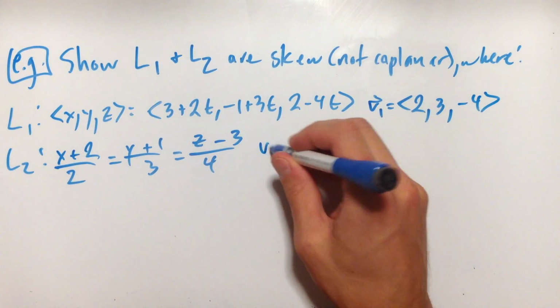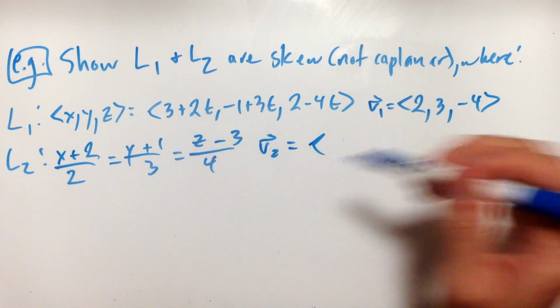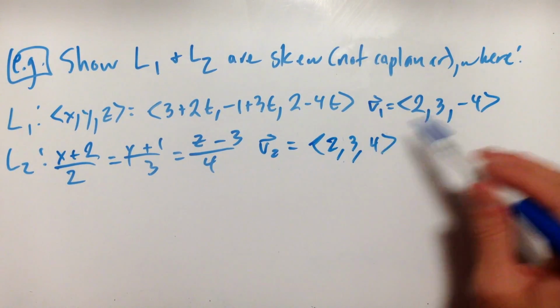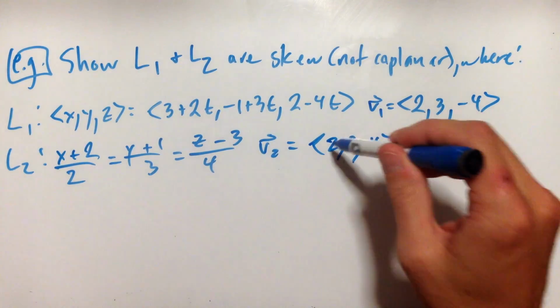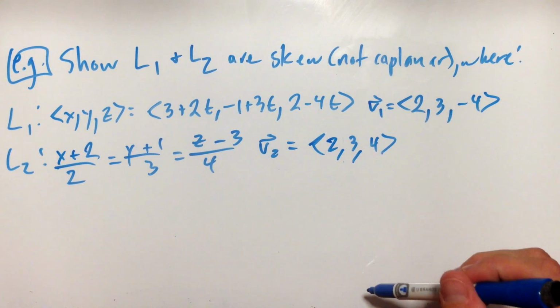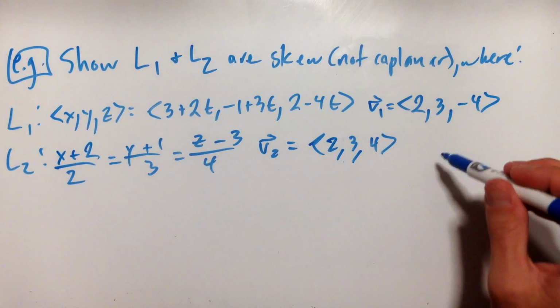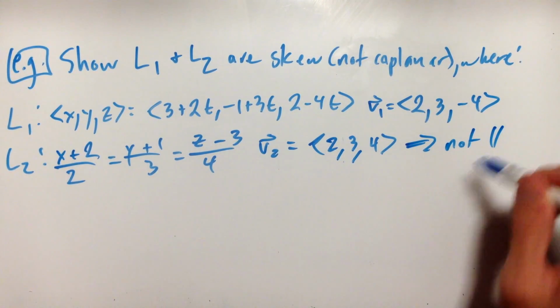Whereas over here, L2 has A, B, and C equal to 2, 3, 4. These vectors are not in the same direction because the first two components are the same, but the last two are different. So they're most certainly not scalar multiples of each other. So they're not scalar multiples, and so they're not parallel.